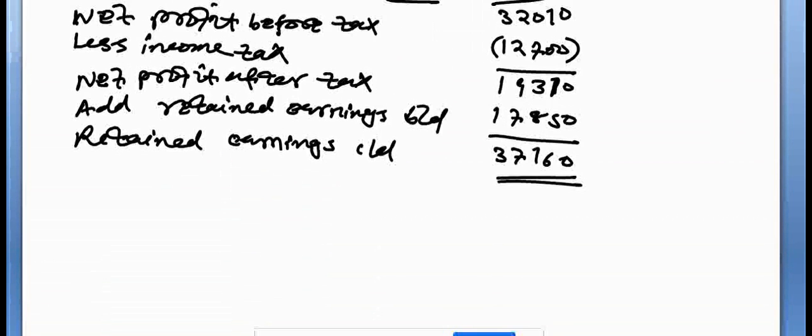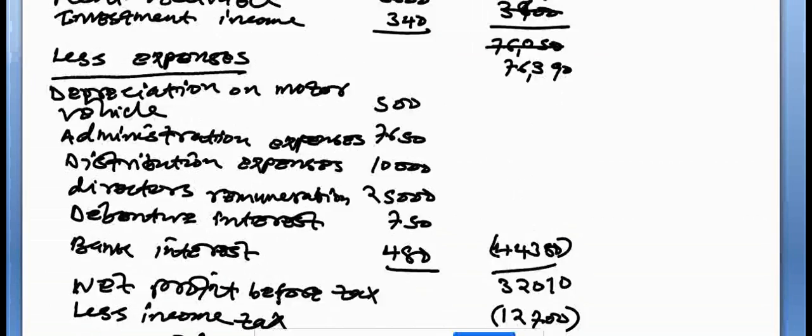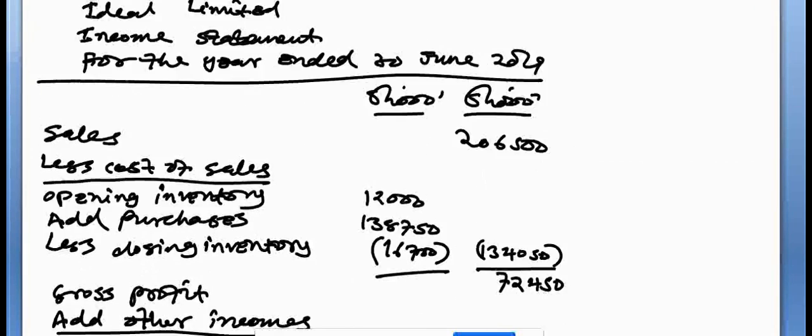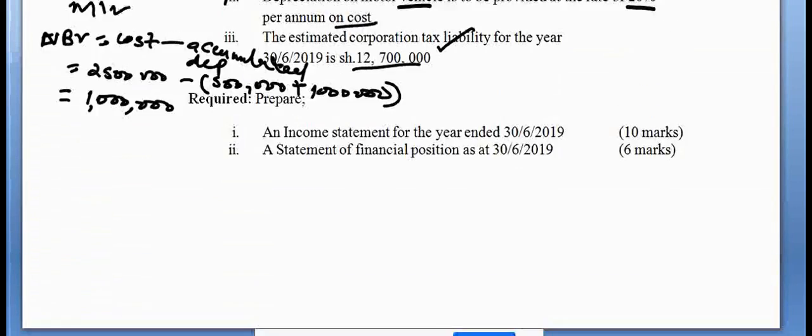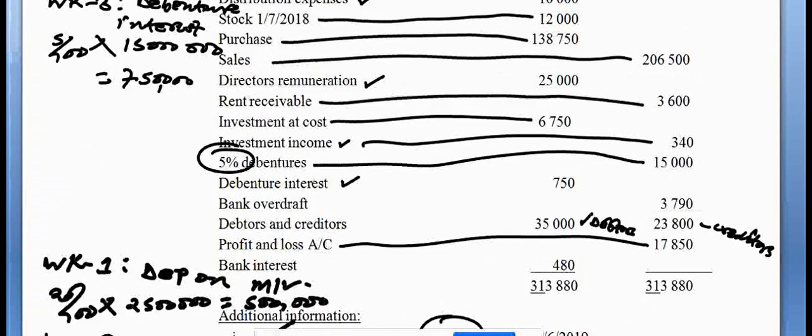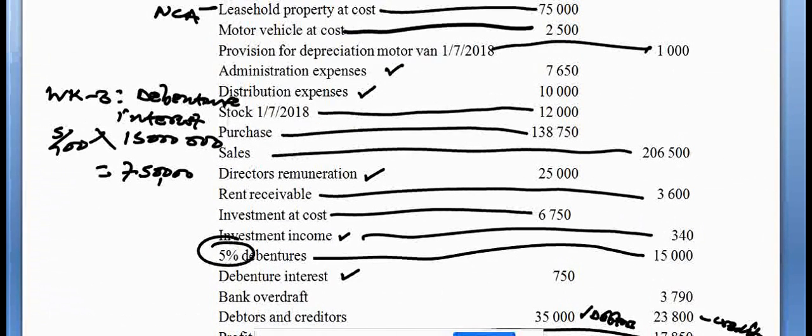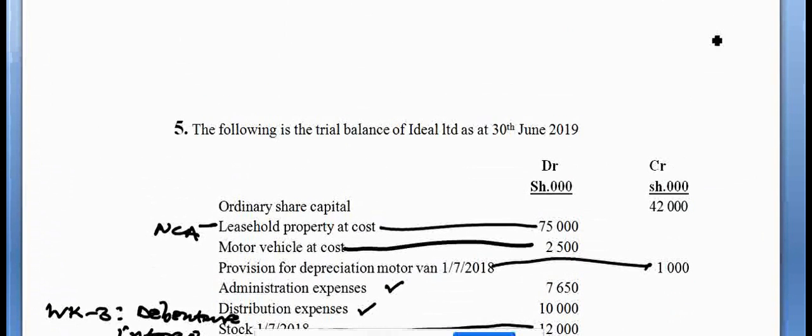Okay. Ordinary share capital iko 42,000.